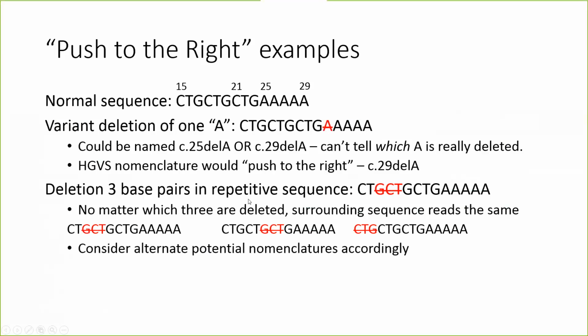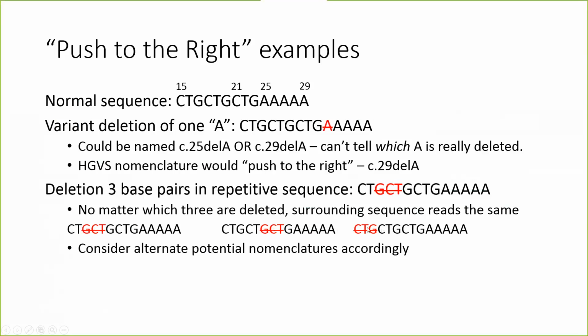Likewise, if you have a deletion of three base pairs in this repetitive sequence here, no matter which 3 base pairs are deleted, the surrounding sequence is going to look the same, and it's going to result in the same type of protein nomenclature. So again, if you have a deletion of this GCT here, the surrounding sequence is going to be CT, G, CTG, etc. If it's this one in here, it's going to be the same.